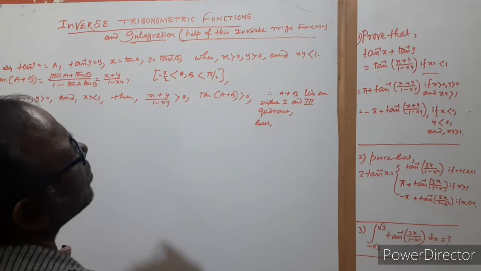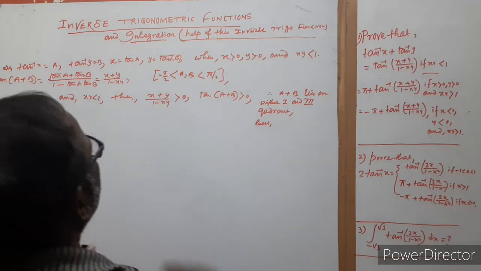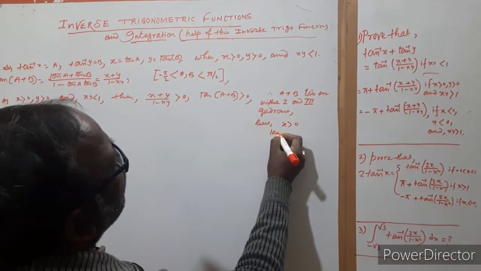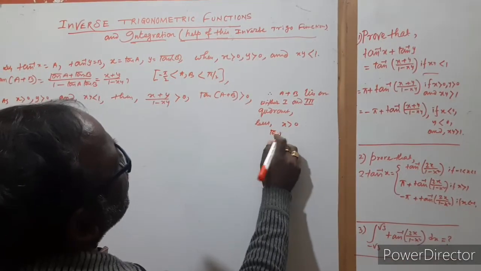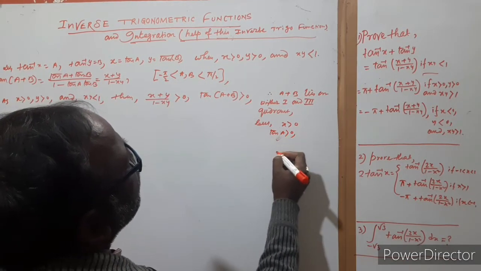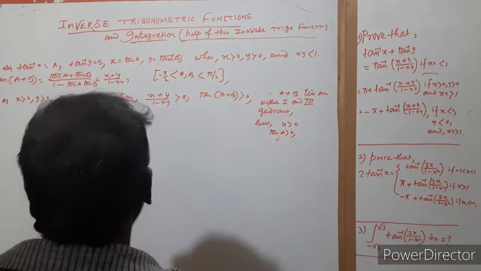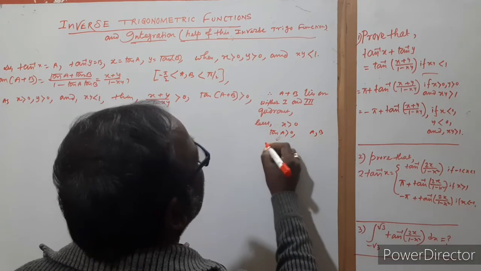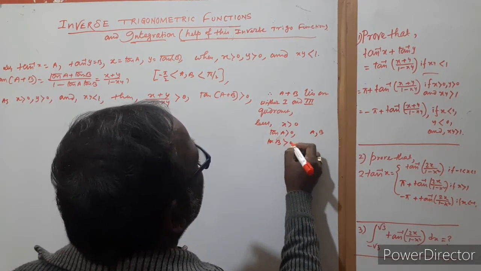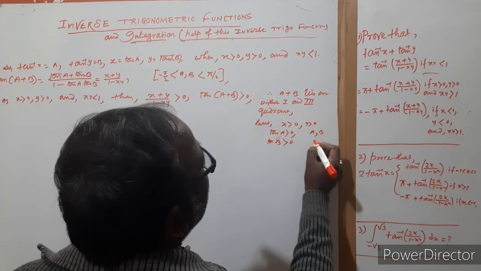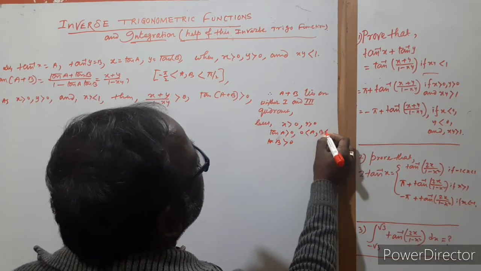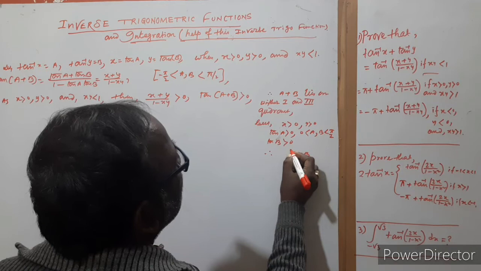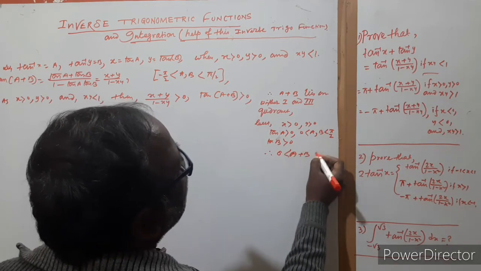Okay, but x is more than 0, therefore tan a is more than 0. Therefore a lies in this range, and tan b is also more than 0, so a comma b lies between 0 to pi by 2. Therefore a plus b lies between 0 plus 0, which is 0, and pi by 2 plus pi by 2, which is pi.